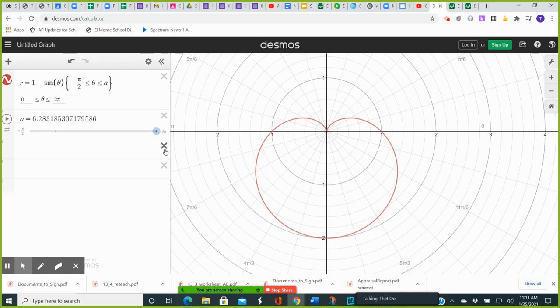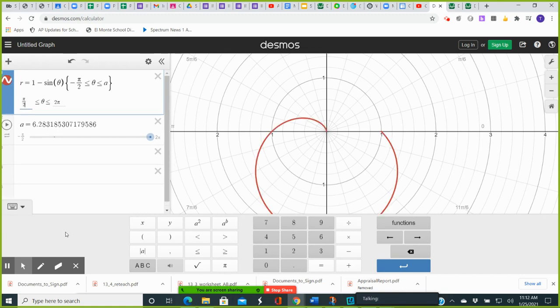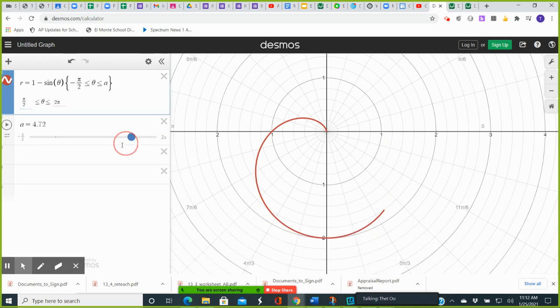And if you want to do that, what should you set the limits of integration? Well, you have different options here. One option is you can start, for example, at pi over 2, and then you go to 3 pi over 2.